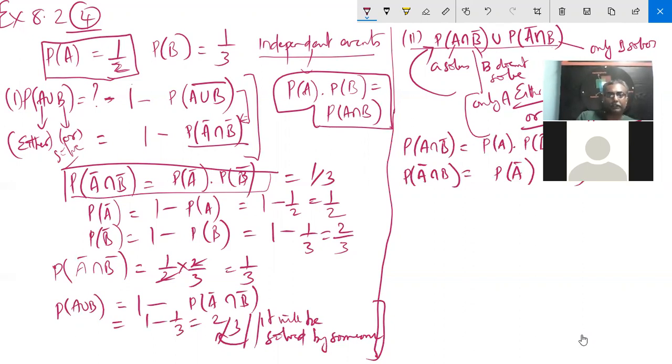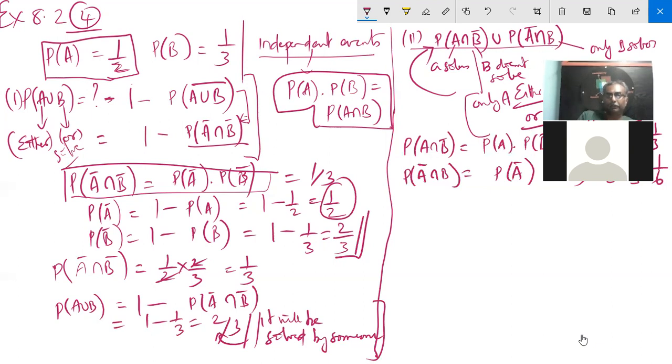P of B dash is 2/3. So that is equal to 1/3. Same way, P of A dash is half, and P of B is 1/3. So 1/6. Okay, you got that.